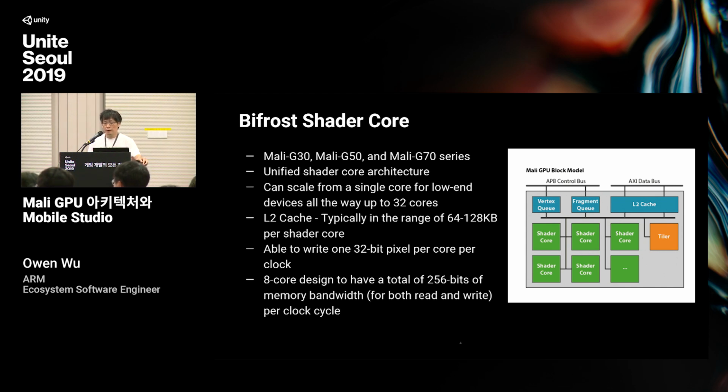There is an L2 cache to reduce read latency, typically ranging from 64 to 128 KB per shader core. This architecture is capable of writing one 32-bit pixel per core per clock, so on a four-core design it can write two 256-bit pixels per clock.